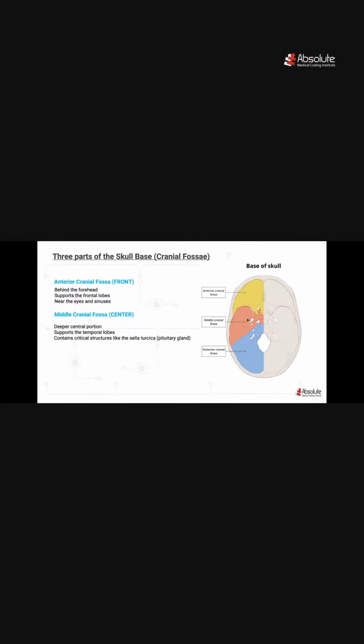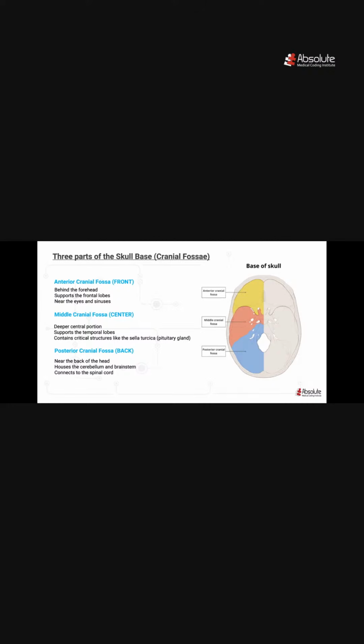This is the central portion of the skull base, and it houses the temporal bones and contains major neurovascular structures. Then comes the posterior cranial fossa. Yes, this is the back and the deepest portion of the skull base. It supports the cerebellum and brainstem and connects to the upper spinal cord.